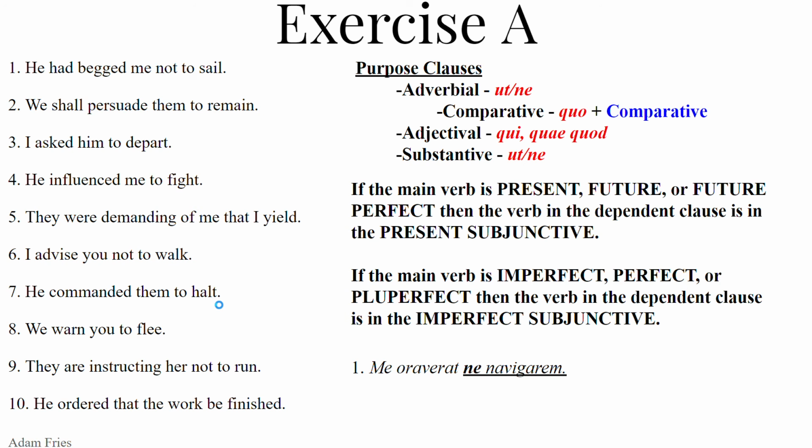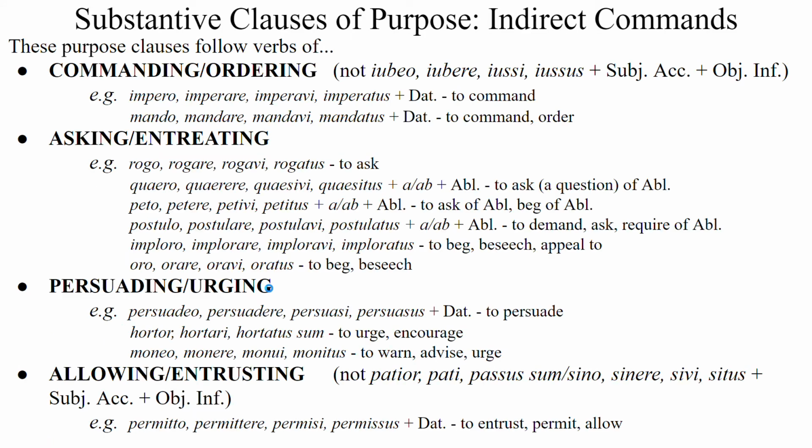And decima, sententia decima, he ordered that the work be finished. And like I said, you have a couple ways to do order verbs. So he ordered, like mando or impero. Now, if your first inclination was to go to iubeo for order, keep in mind that iubeo does not, and I repeat, does not use an indirect command.